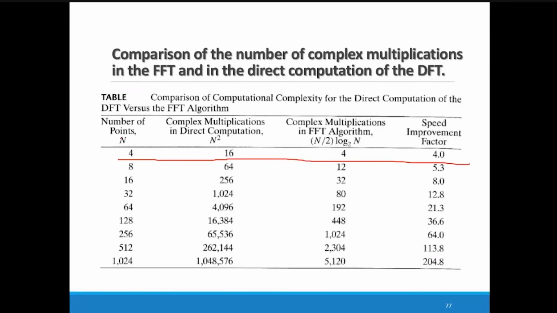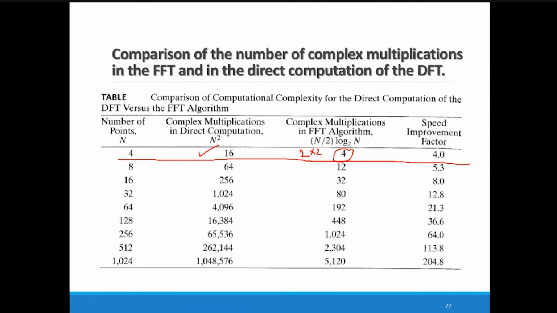For example, when we are taking N equal to 4, in the direct computation you have to apply the equation N square. So the total number of multiplications you require is 16. Now when you apply the FFT algorithm, N by 2 into log 2 N, here N is equal to 4, so 4 by 2 is 2, and log 2 of 4 is also 2, so 2 into 2 is 4.